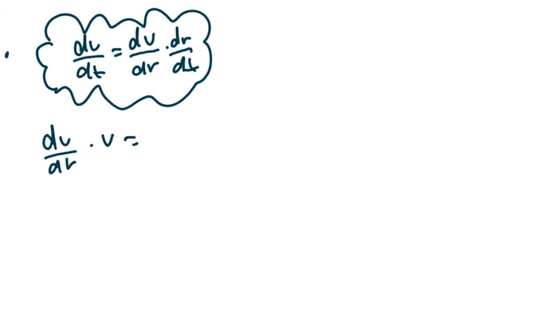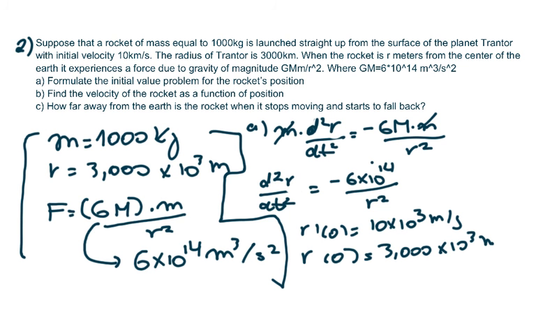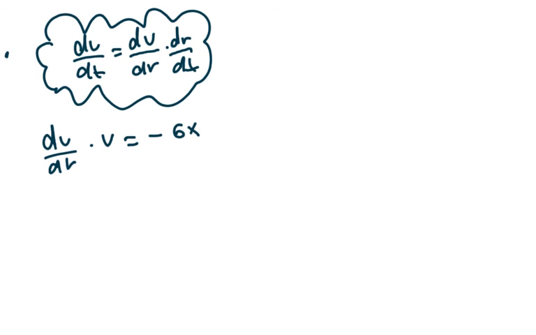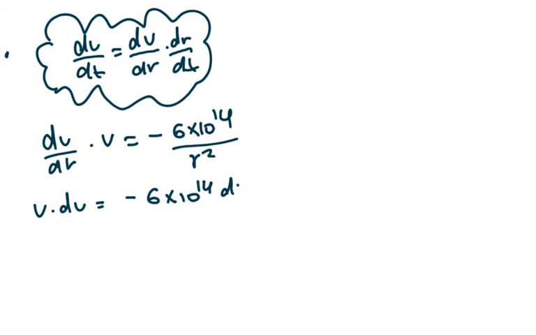Once again, that is equal to velocity times negative GM, which was given as negative 6 times 10 to the 14th, over r squared. Once again, it's separable. I am going to go real fast on this part. So 6 times 10 to the 14th, our dr is going to come over here, over r squared.